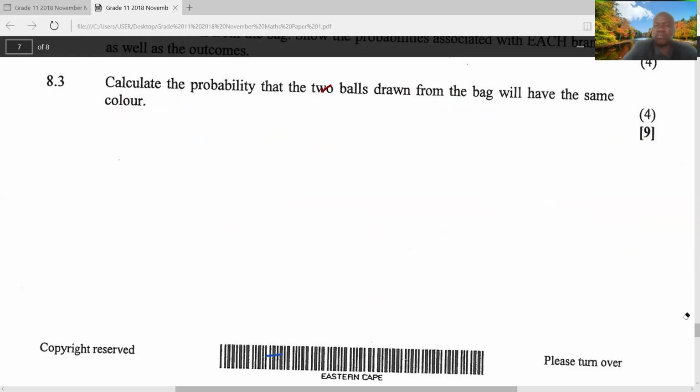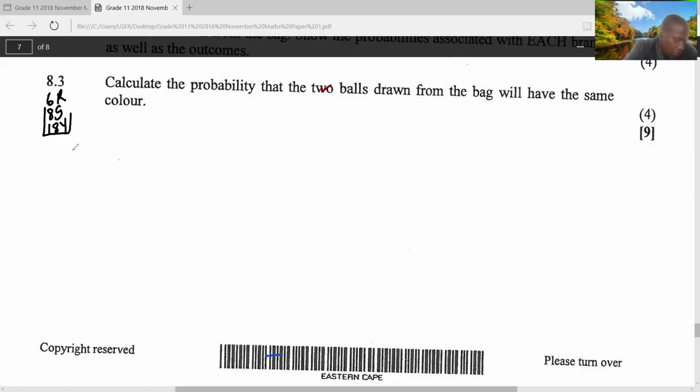Since our bag has the following sample space, it has 6 red, 8 green, and 18 yellow, if I'm not mistaken. Yes, 6 red, 8 green, and 18 yellow, okay?